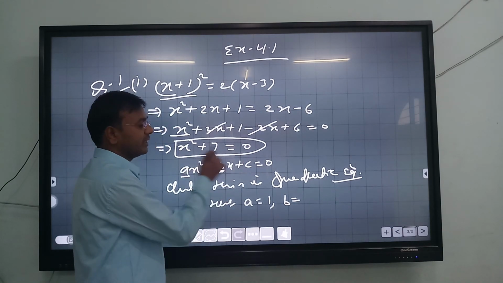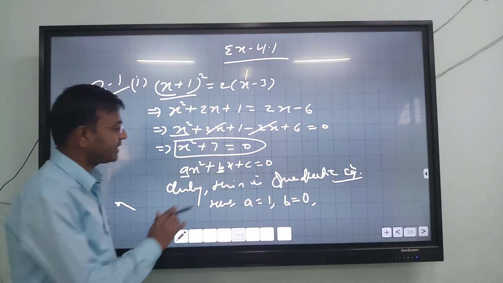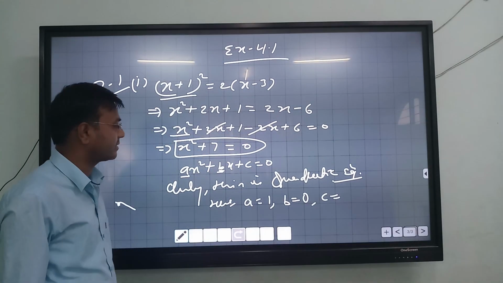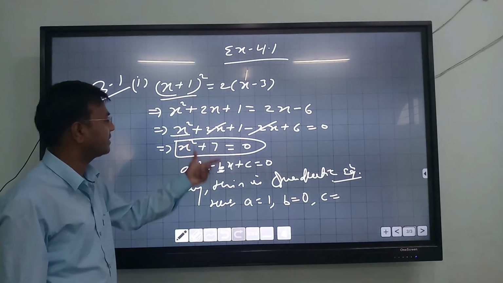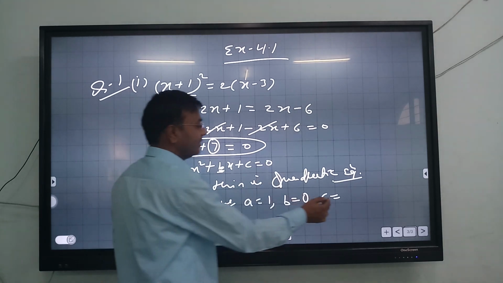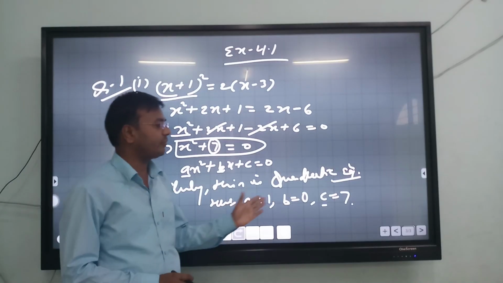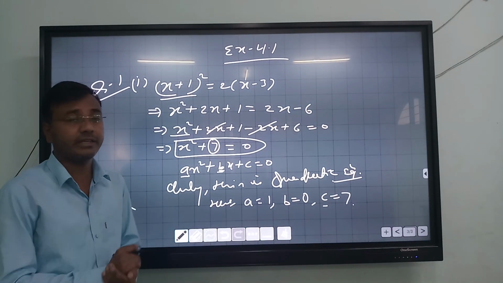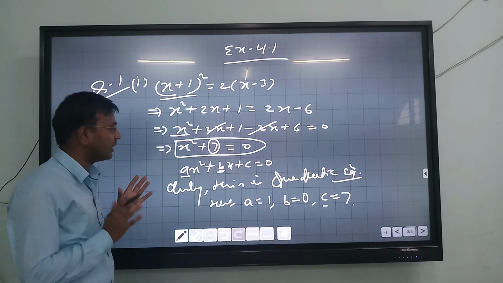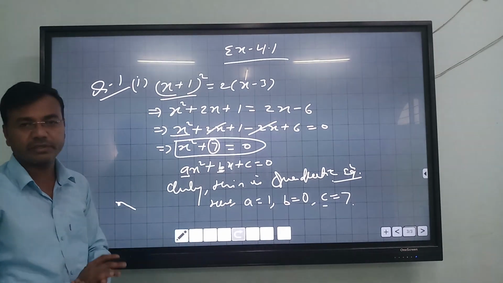There is no coefficient of x, so in this case we take b as 0, since there is no term containing x. And c means the constant, which is 7. So the value of c equals 7. All of you need to write the values of a, b, c so that you can start learning from this question onwards. If you have learned the concept of quadratic equation, you are able to solve these questions.